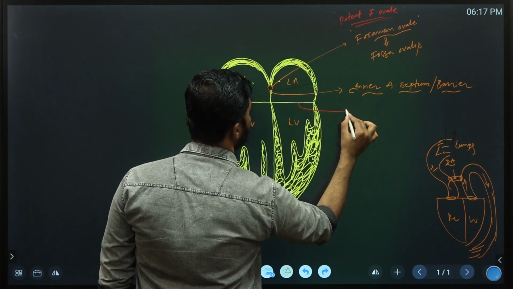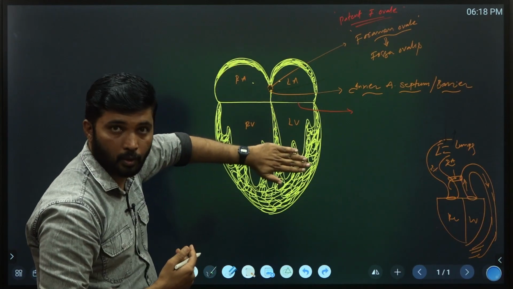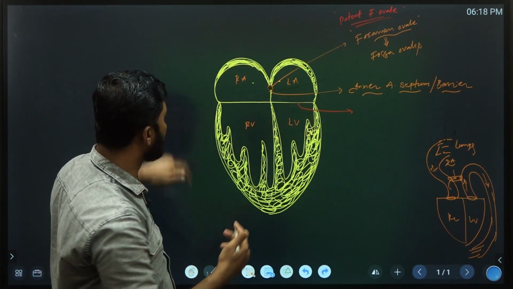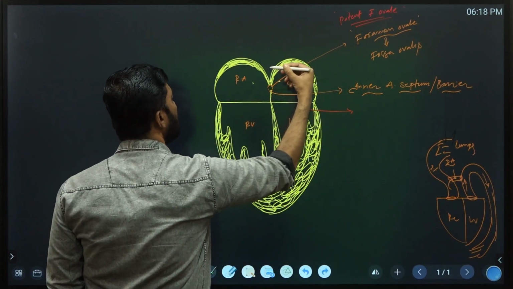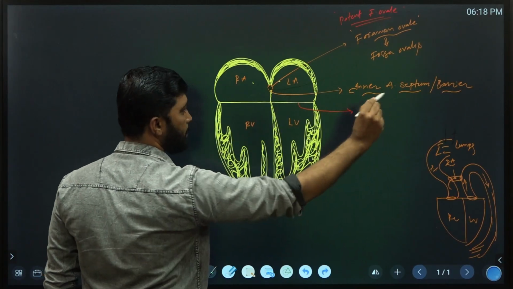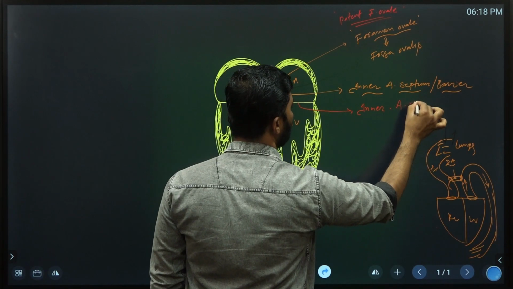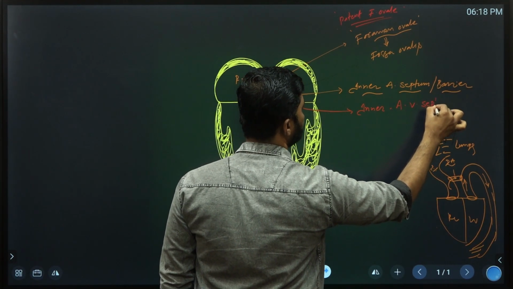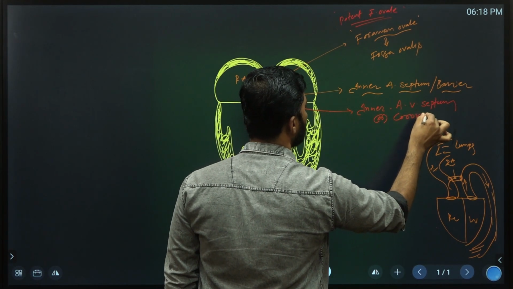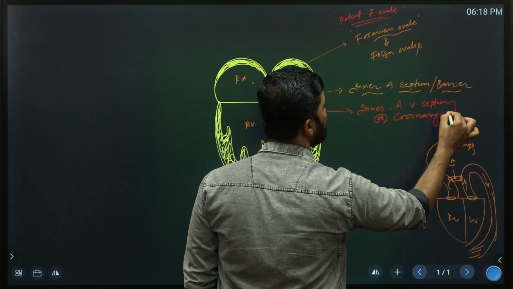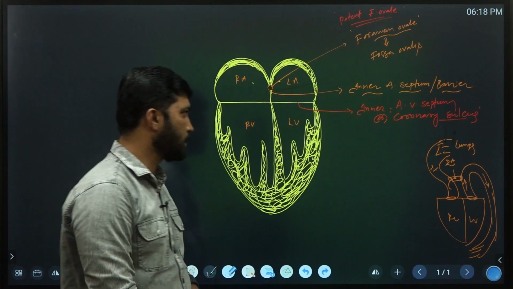Auricles are separated from the ventricles by this partition, present between them in the center, the inner auriculoventricular septum, also called the coronary sulcus. That is another name.